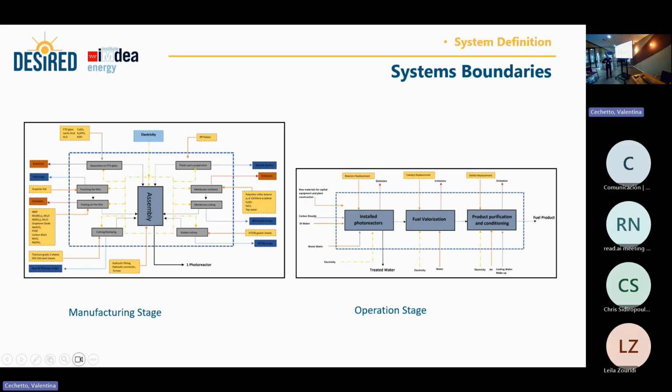This system boundary shows the interaction between the foreground and background processes through the material and energy that we need to provide to our system, first to manufacture the photoelectrochemical reactor, and second to operate it, to treat wastewater and produce fuels, and then purify the fuels.